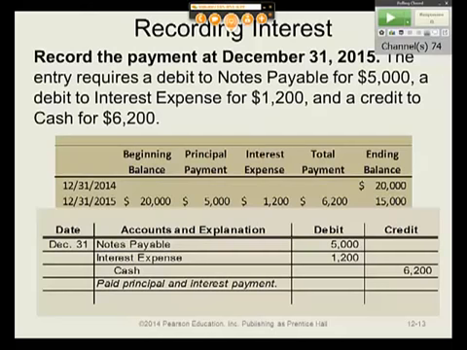I would be paying out $5,900, I would have $5,000 against the principal, and $900 would be the interest. So at 12/31/2016, what would be the entry? The entry would be an interest expense of $900. Then you'd have notes payable of $5,000, because that doesn't change, and then we credit cash for $5,900.